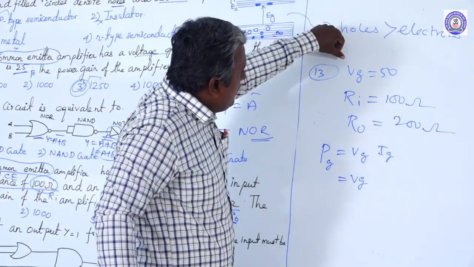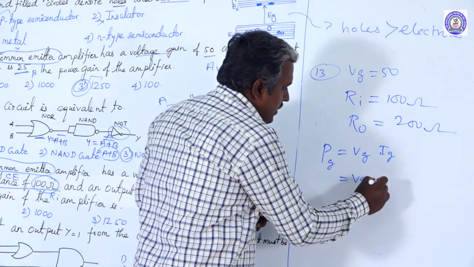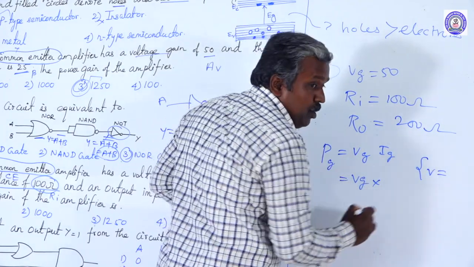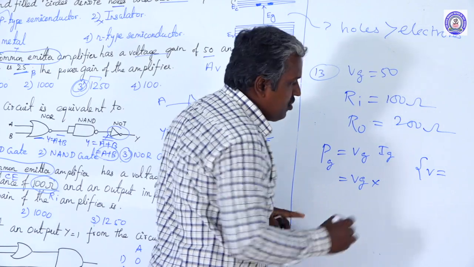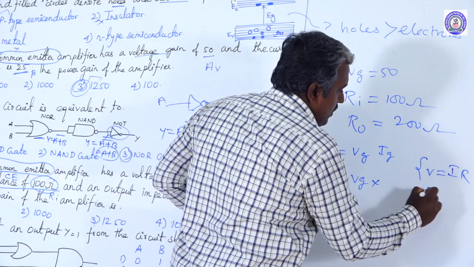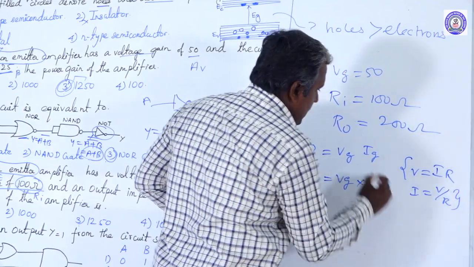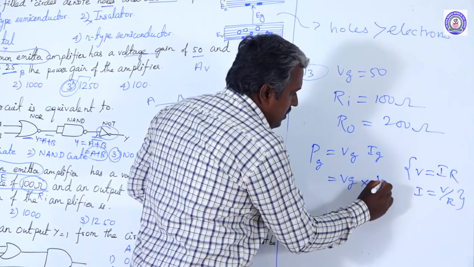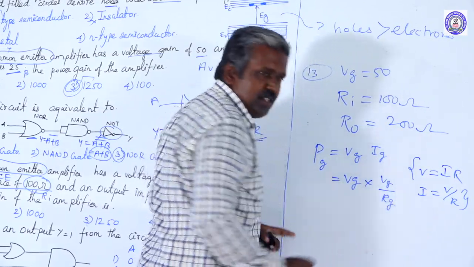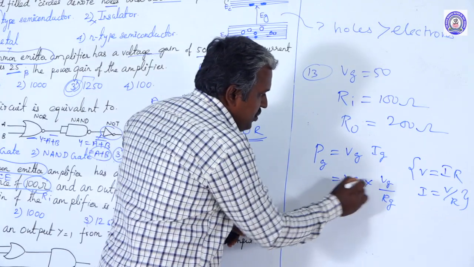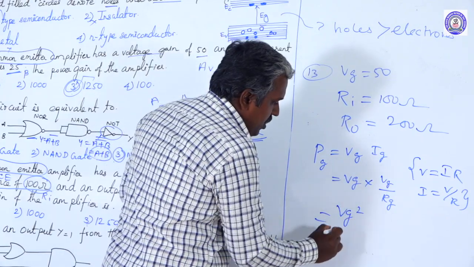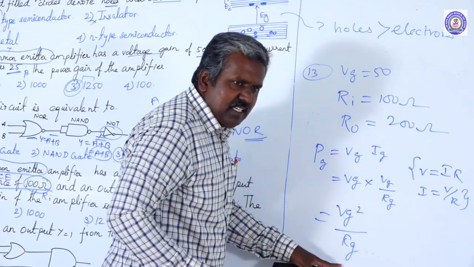Voltage gain is already given. According to Ohm's law, V is equal to IR, so I is equal to V by R. So current gain is equal to voltage gain by resistance gain. So power gain is A_V square by resistance gain.